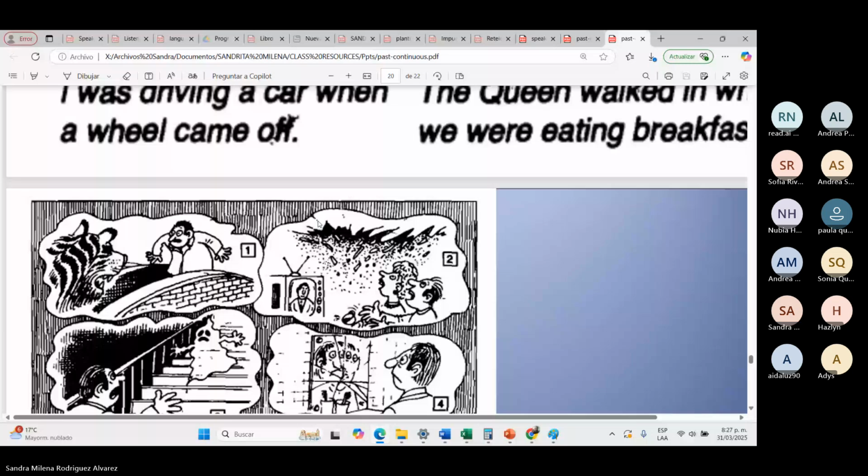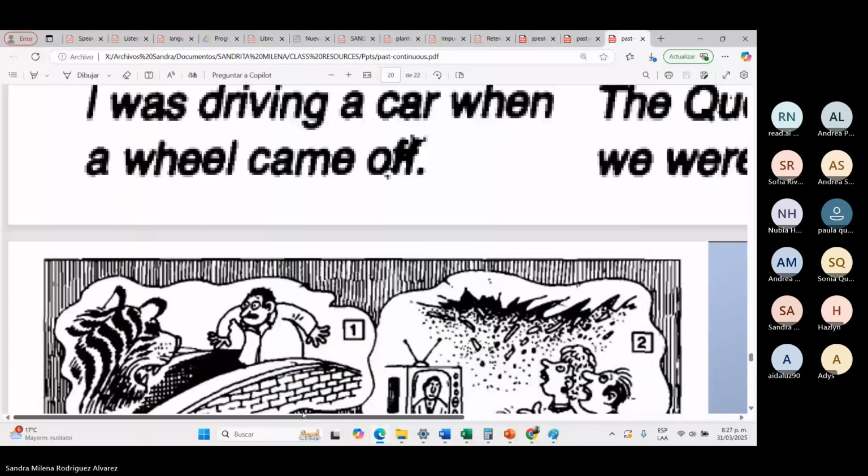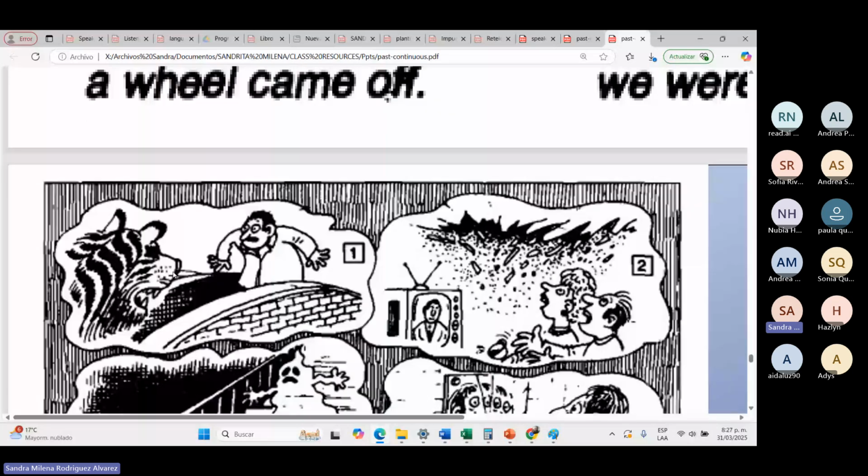What happened in the first picture? He was crossing the bridge and he was walking on the bridge when he saw a tiger. Yes.